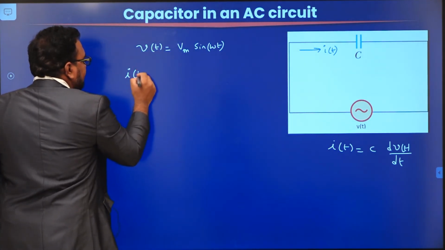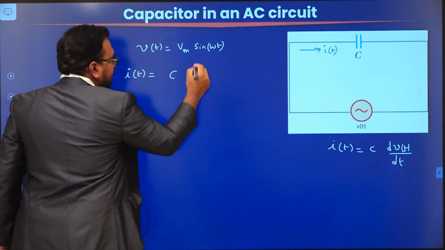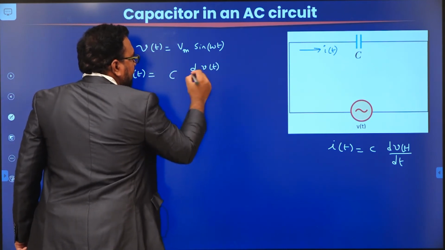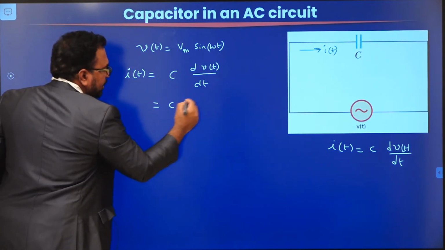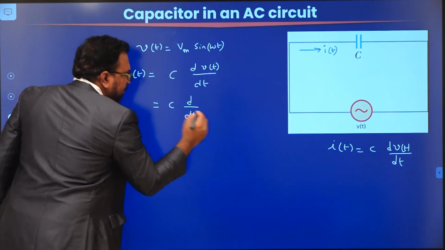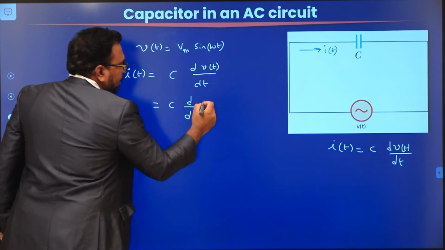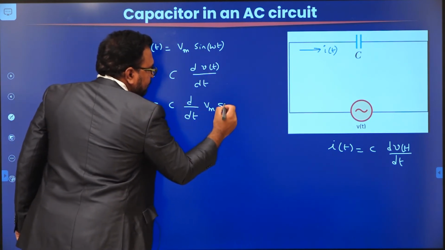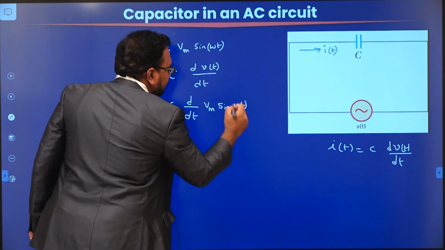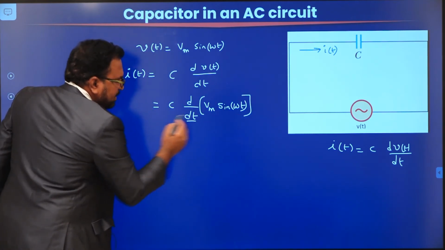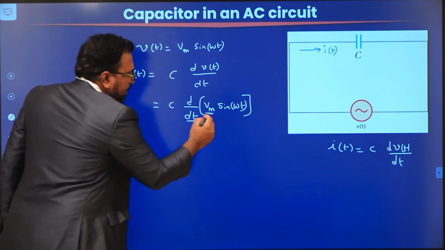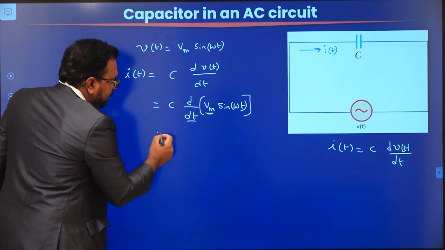The current through the capacitor is calculated using the expression C into dV by dt. Now what is V of t here? Vm sin omega t. So C into d by dt, and in place of V of t, write Vm sin omega t. Here the variable is time. What about Vm? Vm is a constant, so take it out of the differentiation.